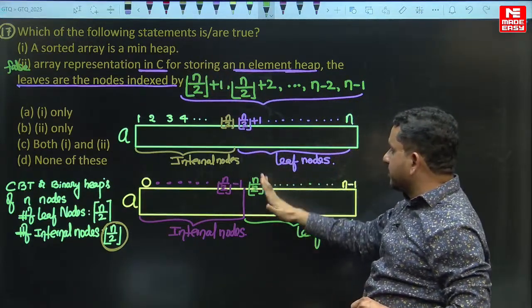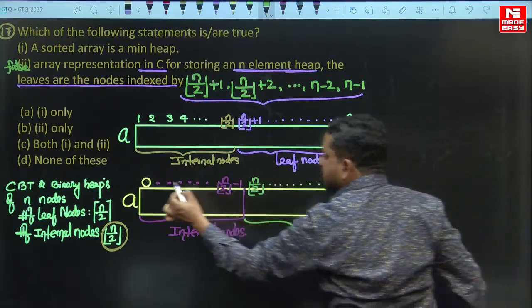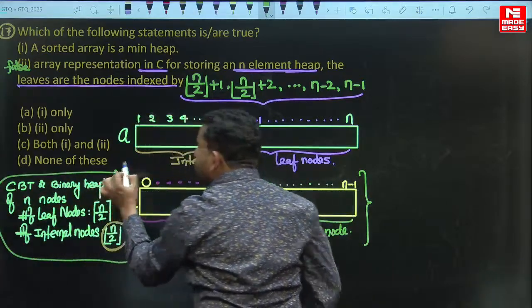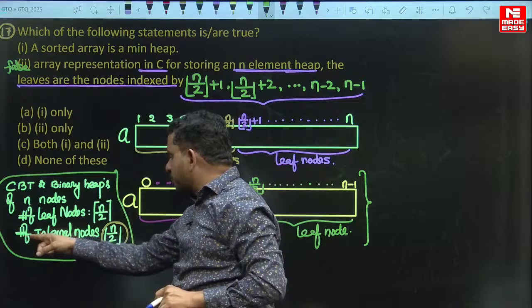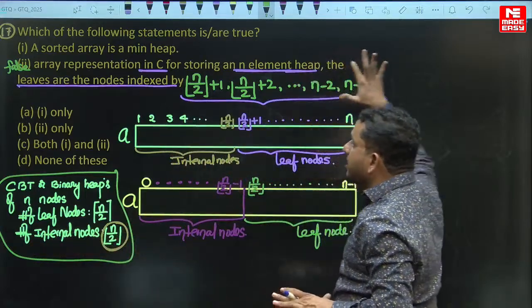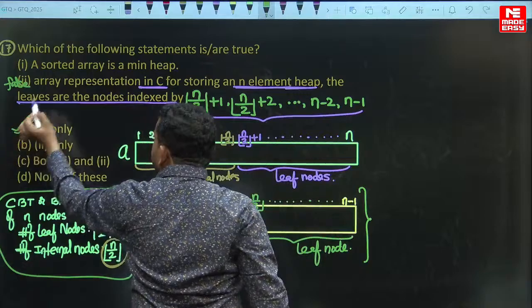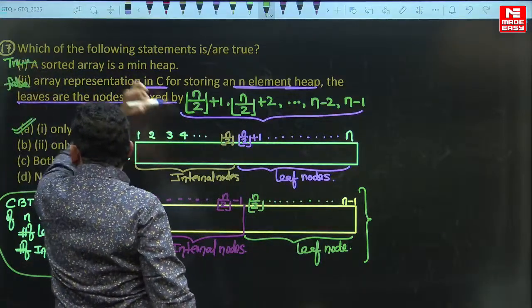The count of leaf nodes is no change: ceil(n/2) leaf nodes and floor(n/2) internal nodes. That means only the first statement is correct. Anyhow, a sorted array is a min heap, that is known to you, no confusion for the first one.